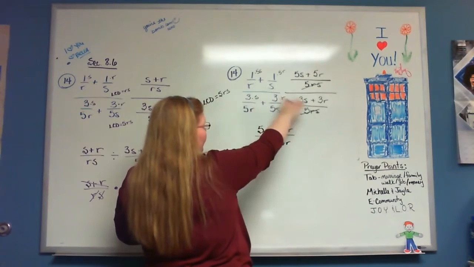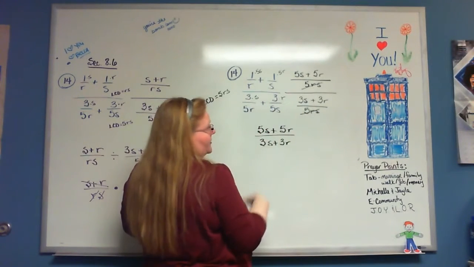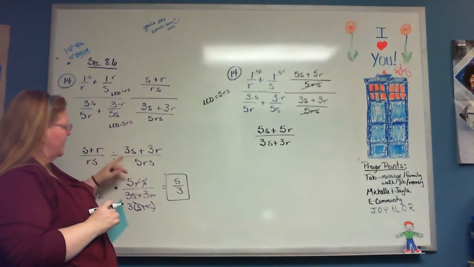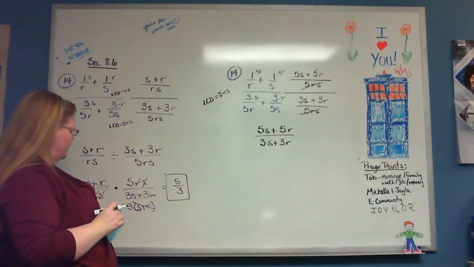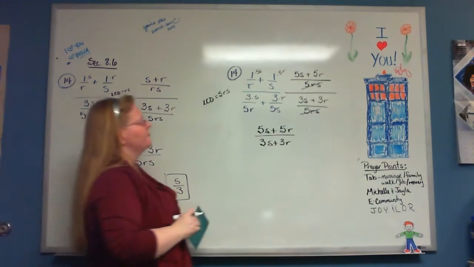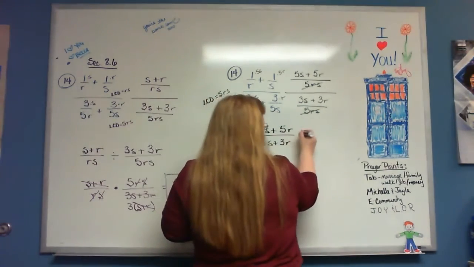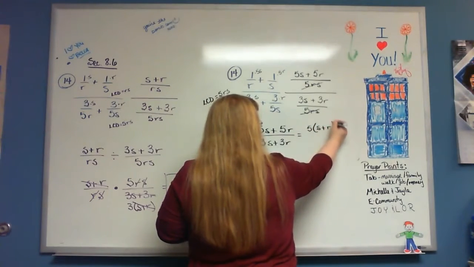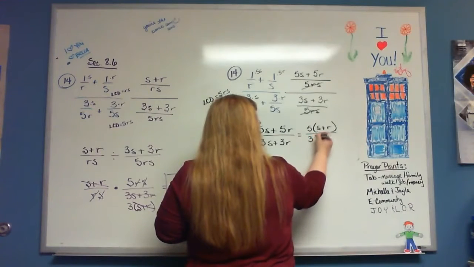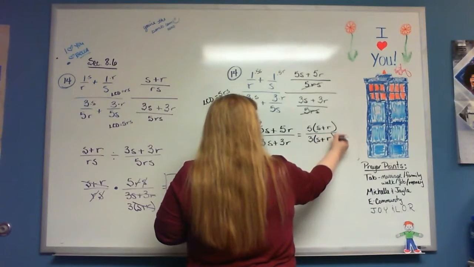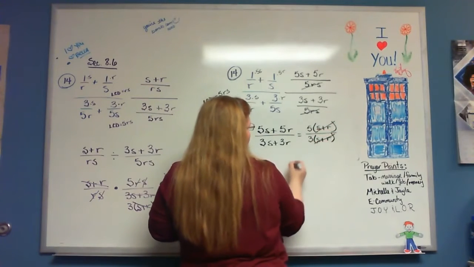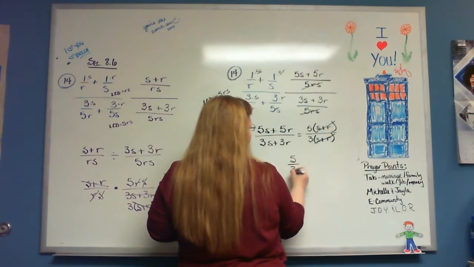Because if you've done it right, they'll always be the same, and they'll always cancel each other out. Because whenever you flip it over and multiply, you'd have the same thing on top that you'd end up having on the bottom. Now I need to factor it. And you see that my S plus R's cancel out, and you're left with 5 over 3.